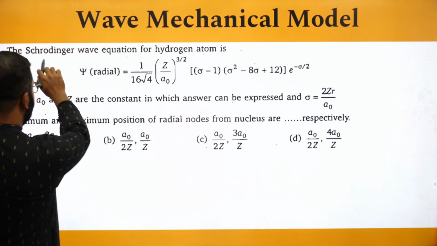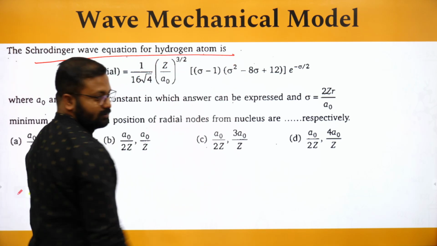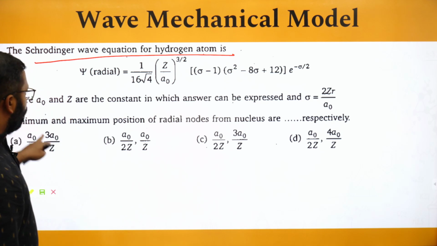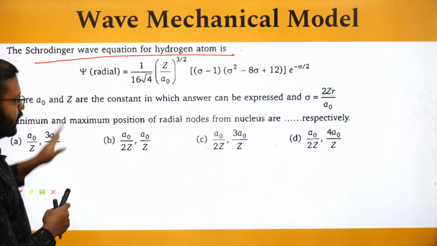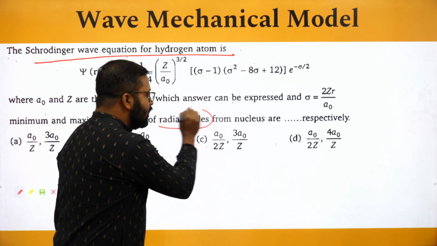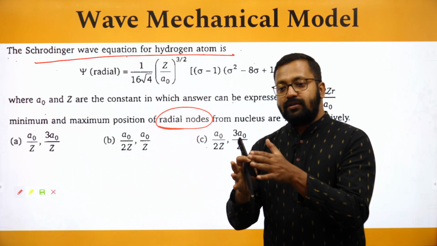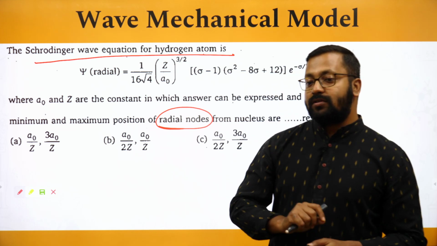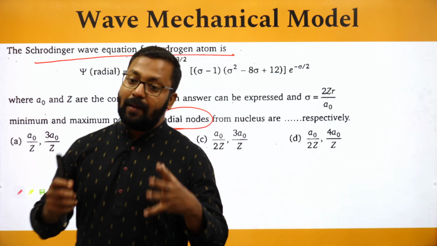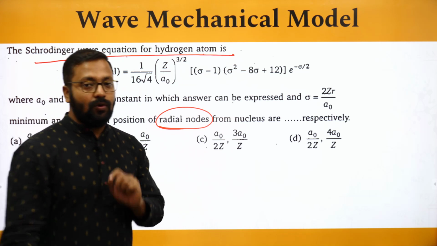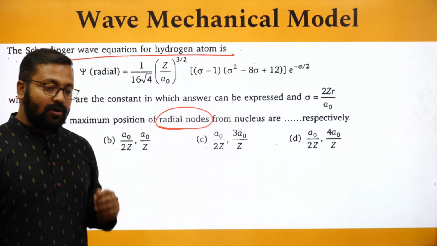Now you look at what is being asked. Radial node. A node is a position where the probability of finding the electron is 0.